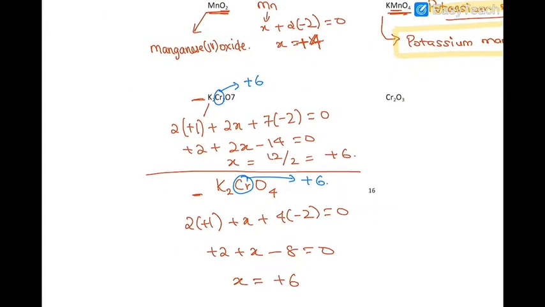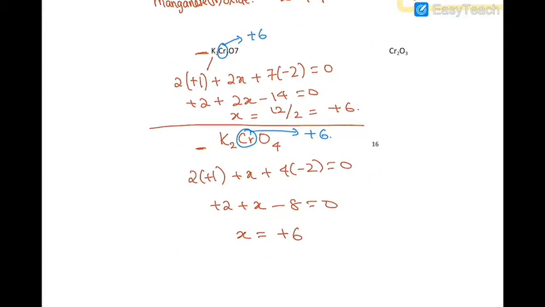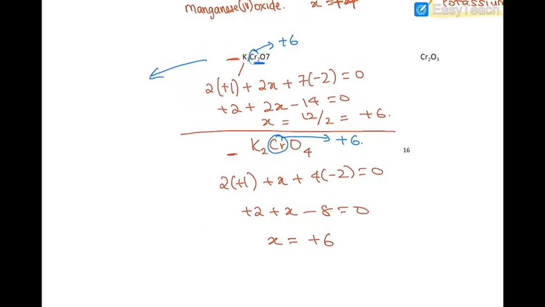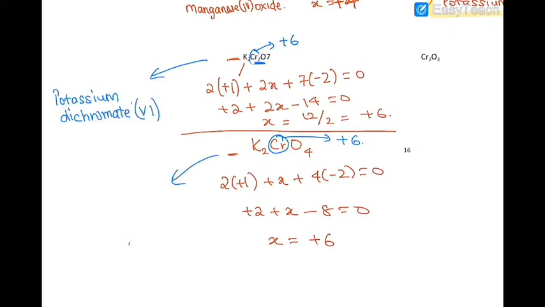The only difference is that in this compound you have 2 chromium atoms. So this one is called potassium dichromate(VI), and this one is called potassium chromate(VI).